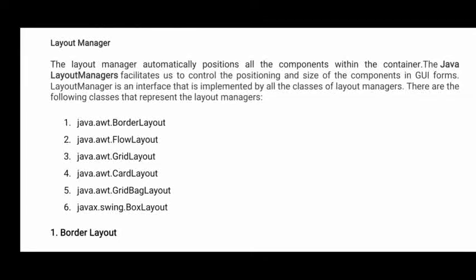Whenever you are adding any component to the container, it is automatically arranged by the layout manager. The main job of the layout manager is to control the position of the component. When you are adding any button, checkbox, radio button, text field or text area, it is positioned by the layout manager.